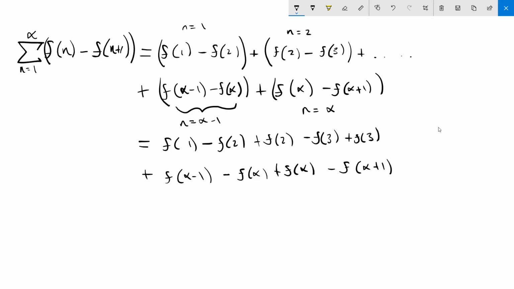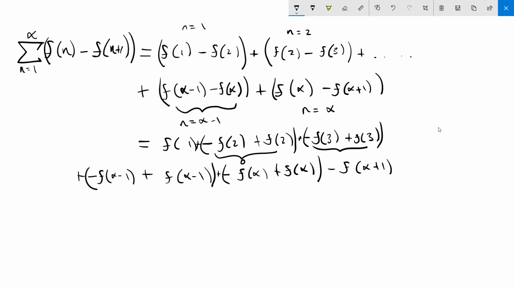Now, if we put convenient brackets here, we'll put a minus f of 2 plus f of 2, another plus, brackets, minus f of 3 plus f of 3, and we can even write in the minus f of alpha minus 1 that we get here. All these terms are equal to 0.